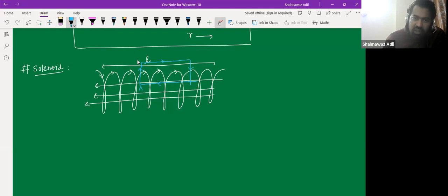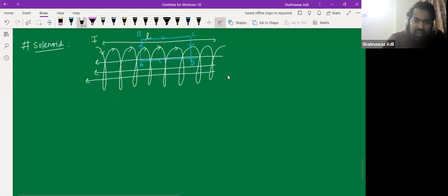Let's say this is A, B, C, and D. This is the Amperian loop we are taking. Let's say the total current passing through this is I. In one turn, the current is I.